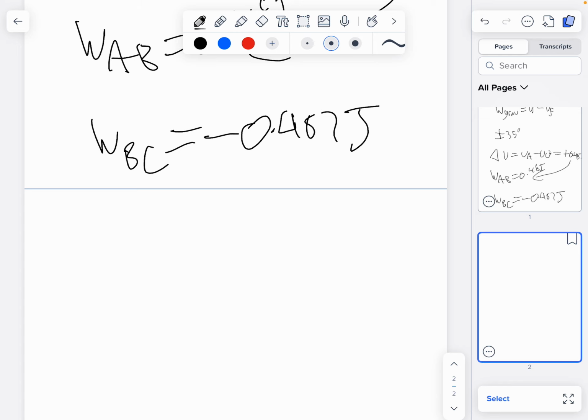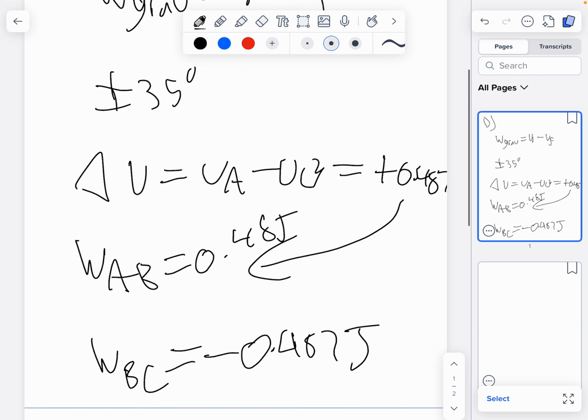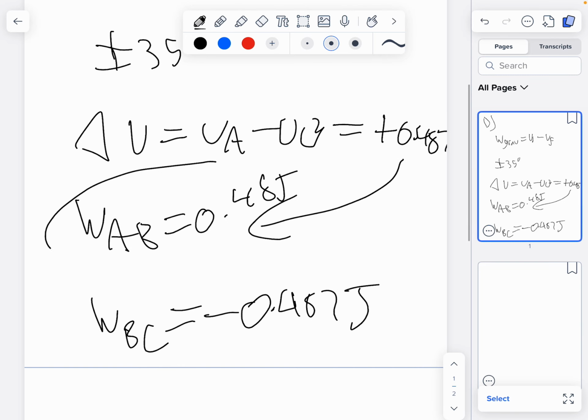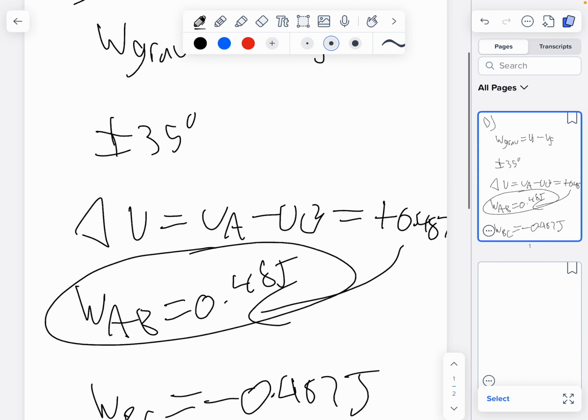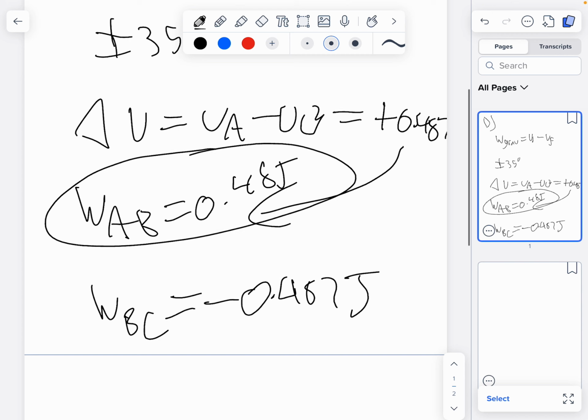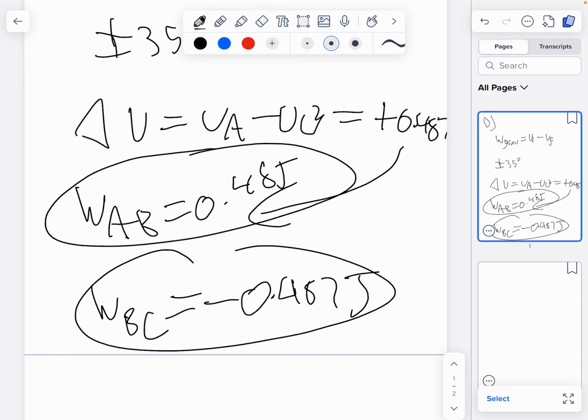Okay, that was for D and E. So this is D because it goes from top to bottom, and then B goes from bottom to top, but since these are at the same angle, it'll be just the reversal of that.